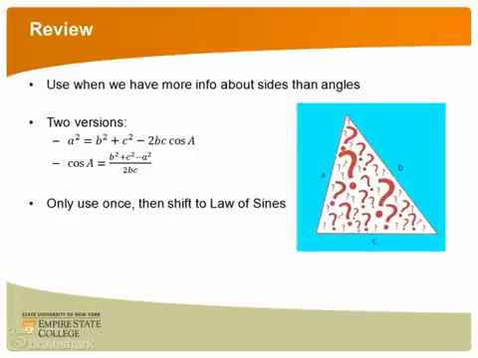Once we know a length of a side and the measure of the angle opposite that side, it is much easier to use the law of sines to find a second angle measure. Then subtract the sum of the angle measures we know from 180 degrees to find the final angle measure, and our triangle is solved.